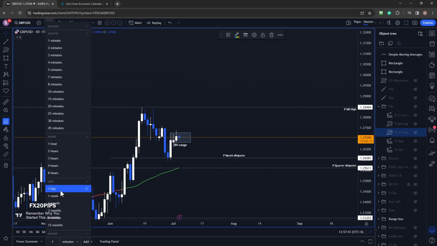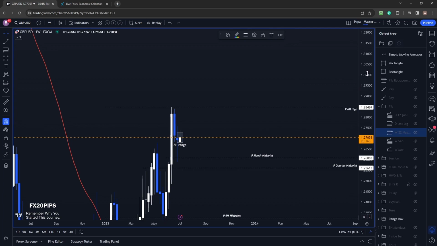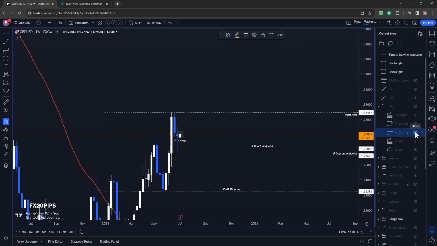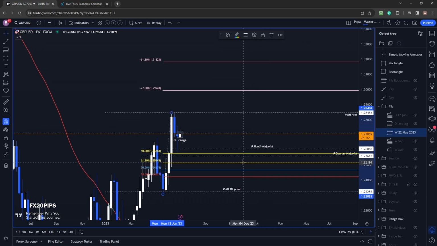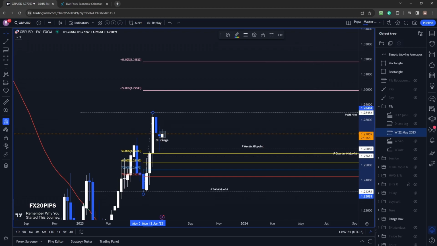Okay, let's go to the weekly. So this is the last bullish leg in the weekly time frame. It seems to go up and retrace at 50%.